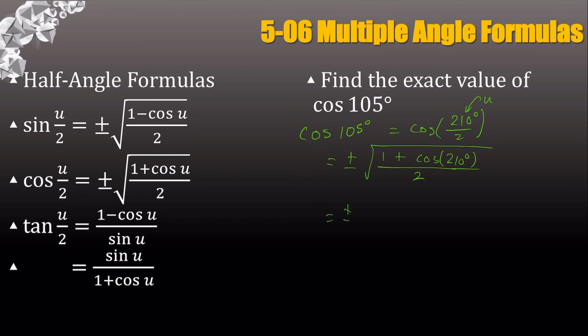All right, cosine of 210 on our unit circle. 210 is right there. So that looks like cosine is the x value, so that's negative square root of 3 over 2.